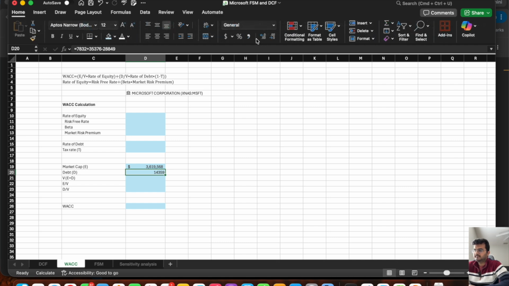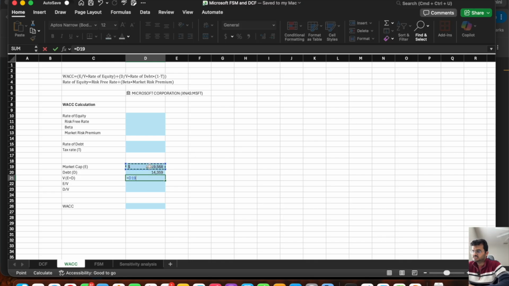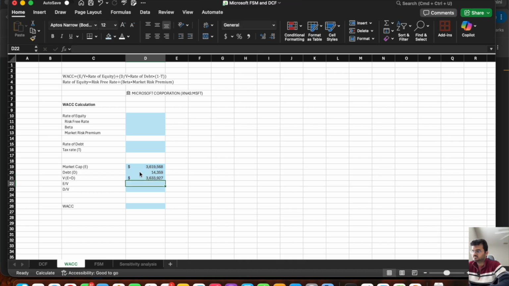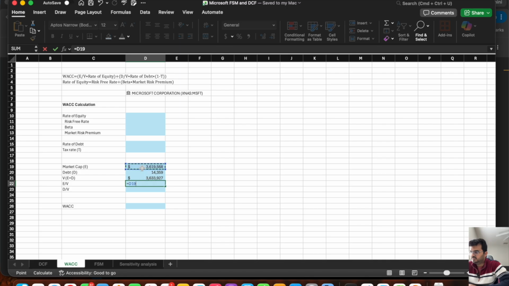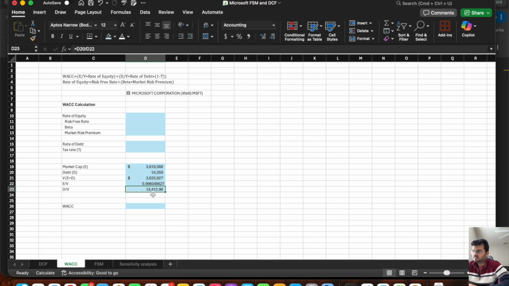Now we will get E plus D, which is this number plus this number. And then E by V, which is this number by this number, and then D by V is this number by this number.